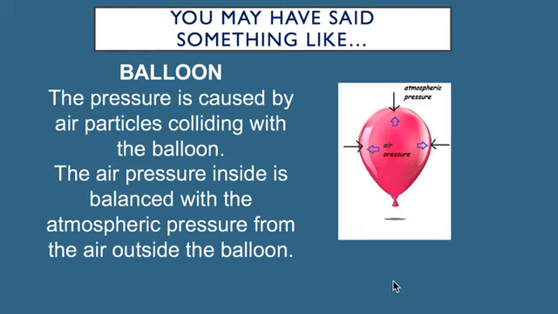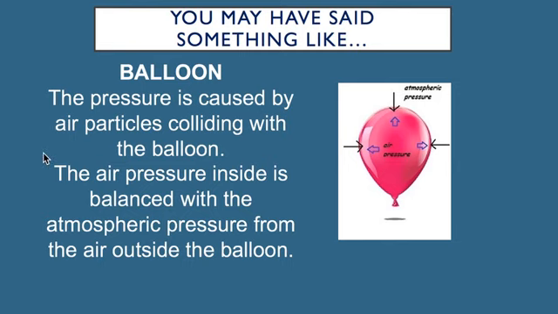Okay, so you might have said something like this for the balloon. If you look at this diagram, first of all, you can see that we've got the atmospheric pressure, that's the particles in the atmosphere pushing against the outside of the balloon, and then we've got the particles inside the balloon, the air pressure inside the balloon pushing out. So the pressure is caused by the air particles colliding with the balloon either on the outside or the inside.